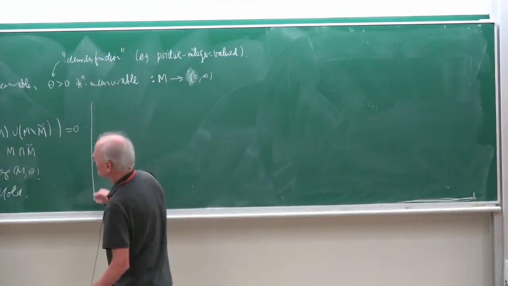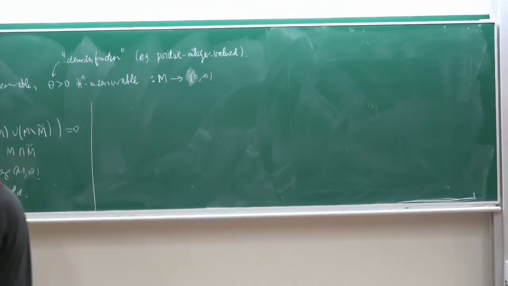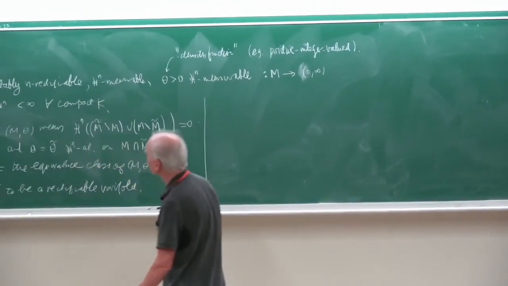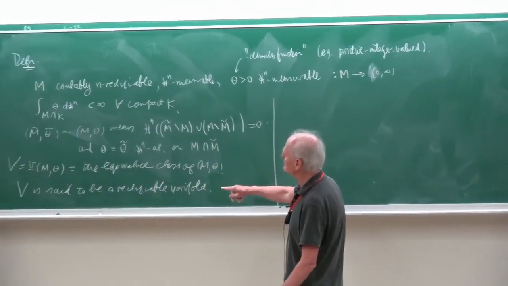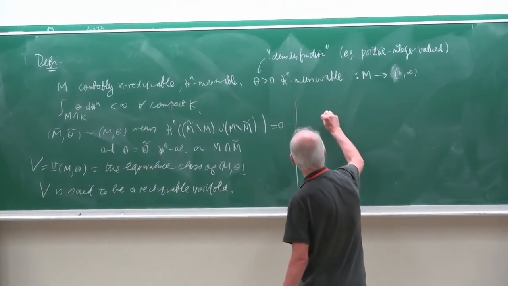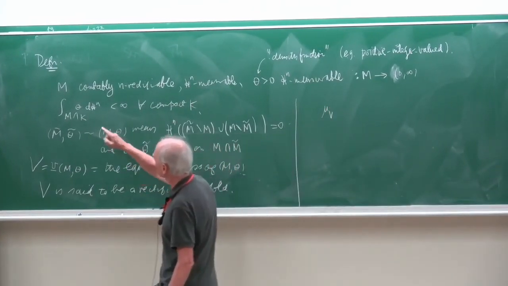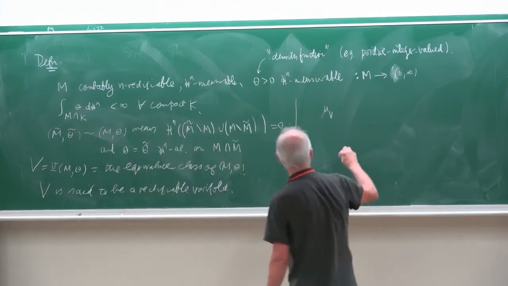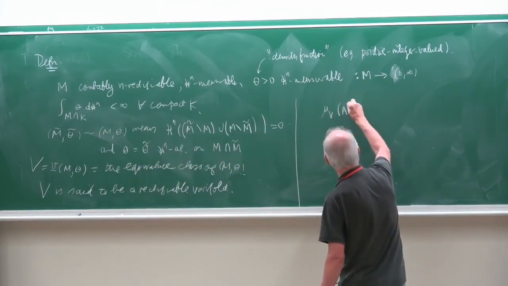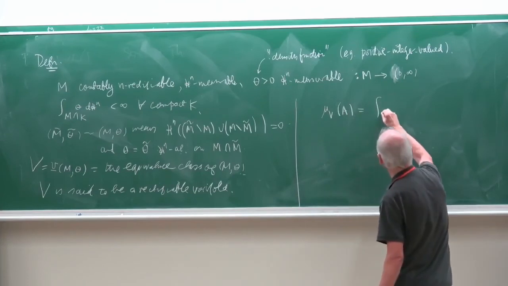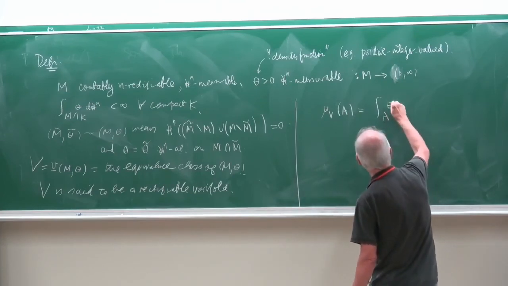All right, so that's the notion. Now, there's a bit of notation here, before we get to anything interesting. So, first of all, there's a measure. Mu sub V is the measure that you get by integrating with respect to theta over a given set. So mu sub V of A equals the integral over A of theta dHn.